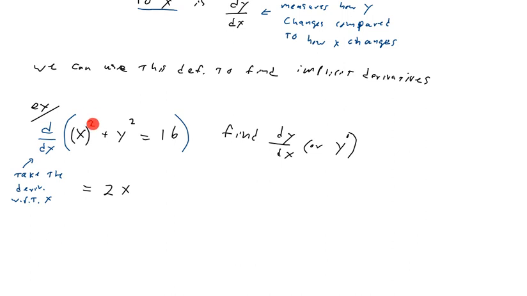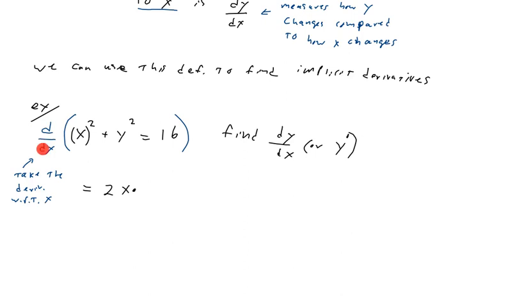So I did my outside derivative: I took the 2, brought it in front, and left the inside part alone. Now I need to multiply by the derivative of the inside. Well, the inside is just x by itself.